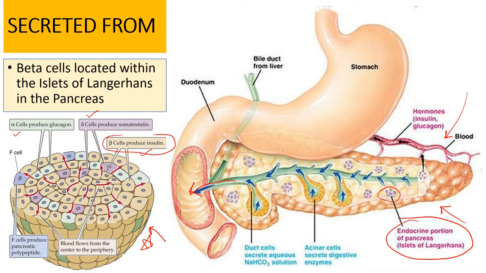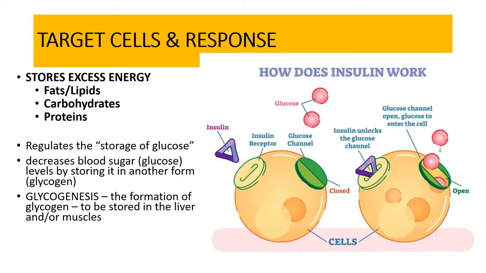So it's the beta cells within the islets of Langerhans within the pancreas that we're going to be referring to as far as insulin producing cells. Again, this islet of Langerhans is infiltrated with blood vessels. So that way, those hormones, remember, go directly into the bloodstream.